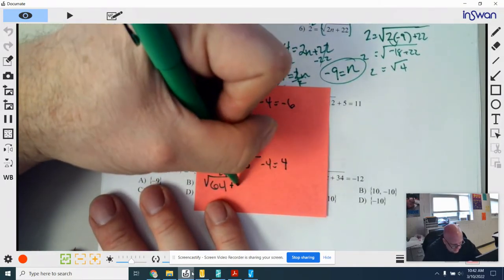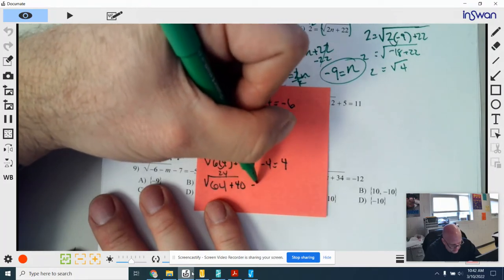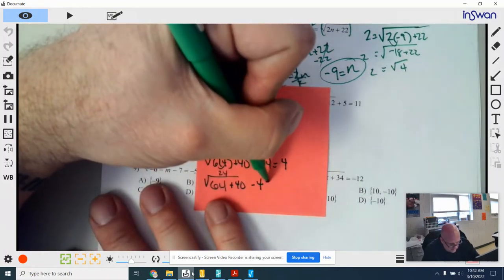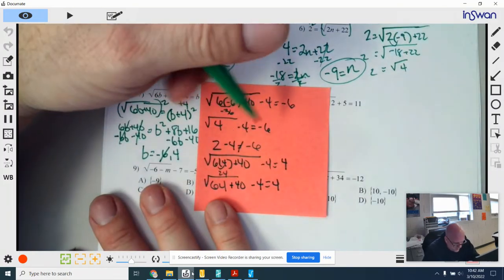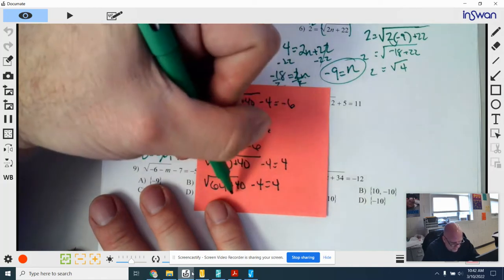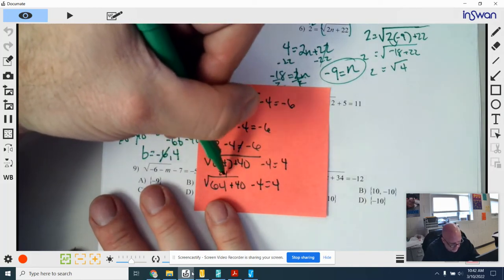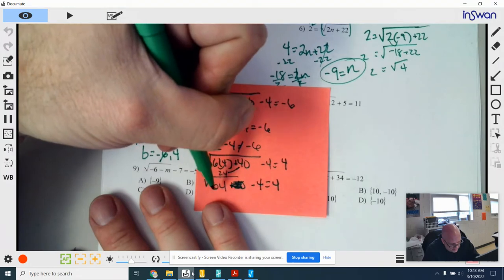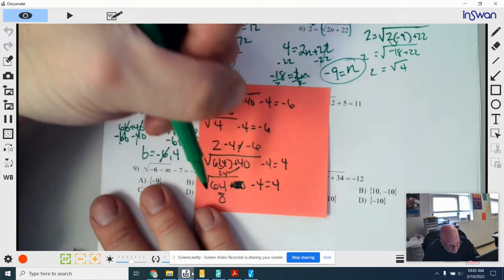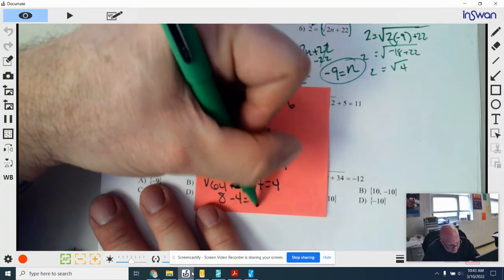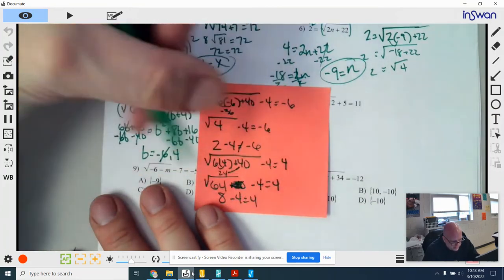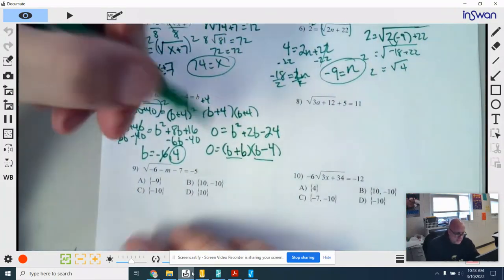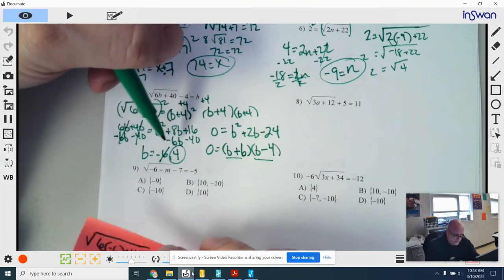Okay, wait, hold up, I screwed up. I did that 24 plus 40 right there. So that's just the square root of 64. My fault. Okay, square root of 64. We use just the positive root, 8. 8 take away 4 is 4. So that means that one works, but negative 6 did not. So that means my only answer for that one is 4. Negative 6 is an excluded value.